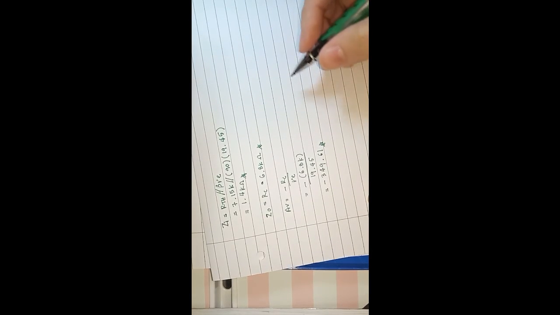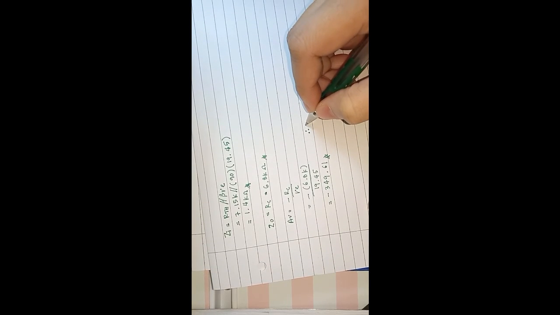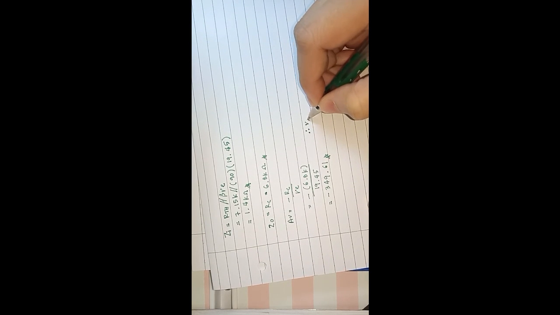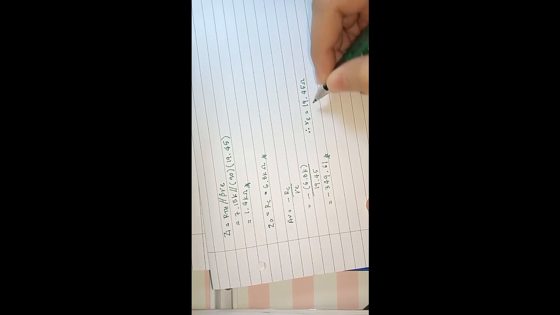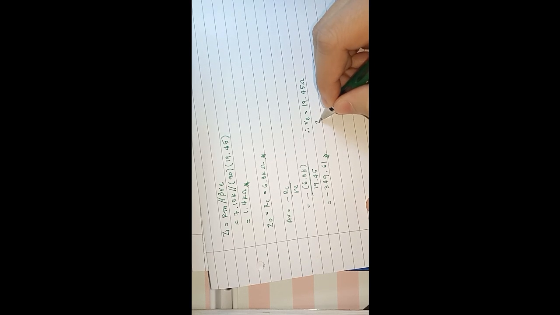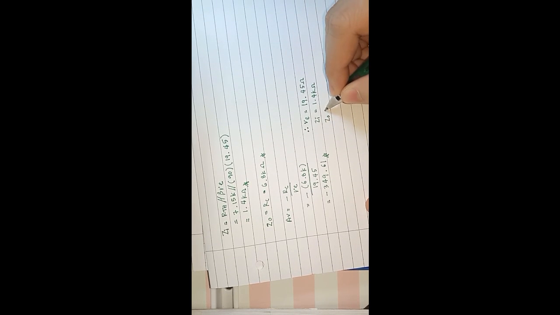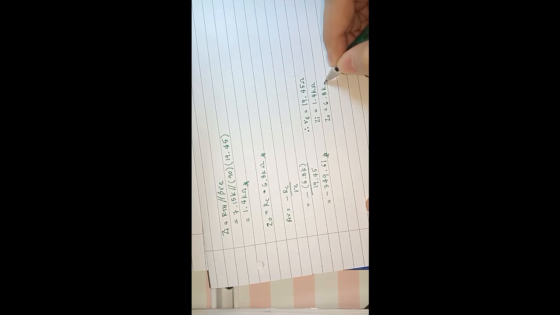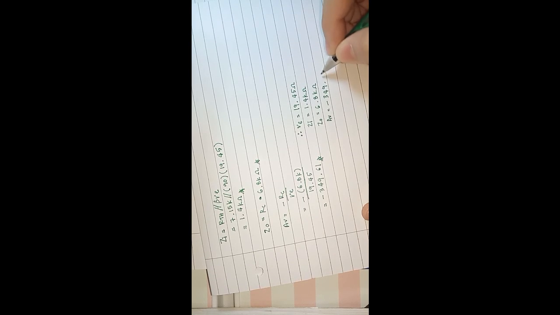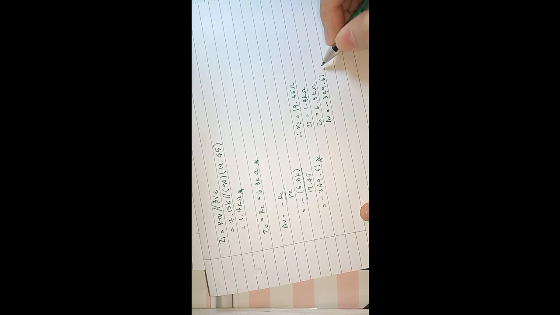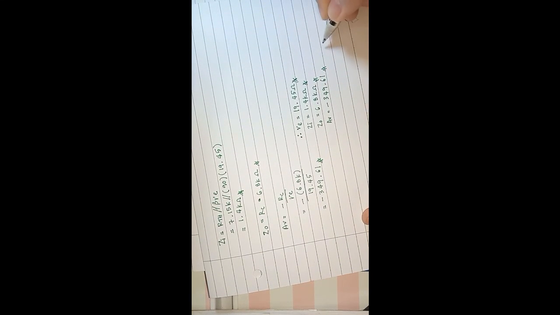So therefore the value of RE equals 19.45 ohm, the value for ZI is 9.4 kilo ohm, ZO is 6.8 kilo ohm, and voltage gain AV is negative 349.6. So this is the final answer for this circuit.